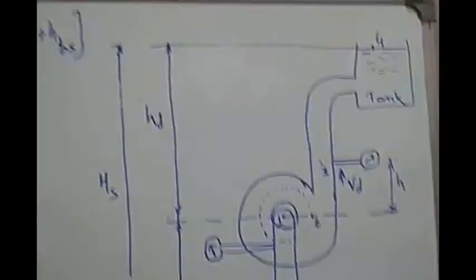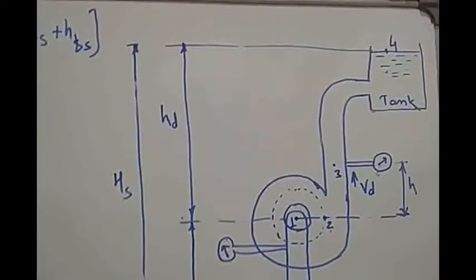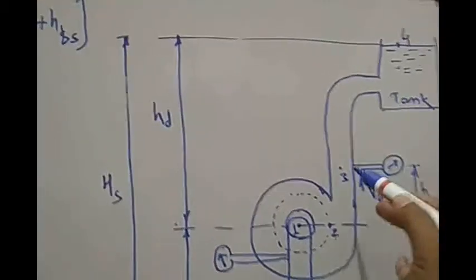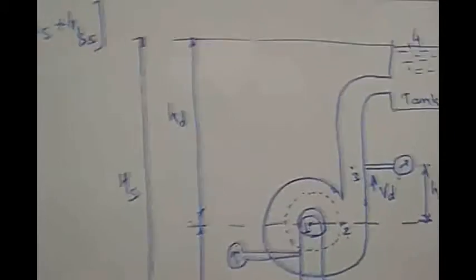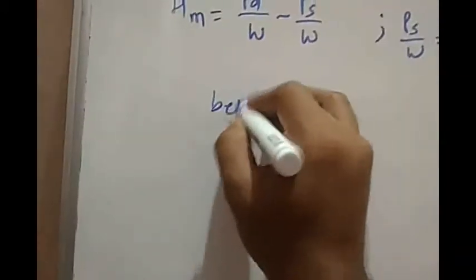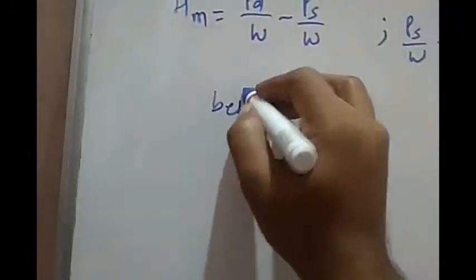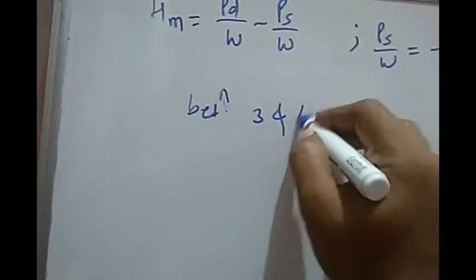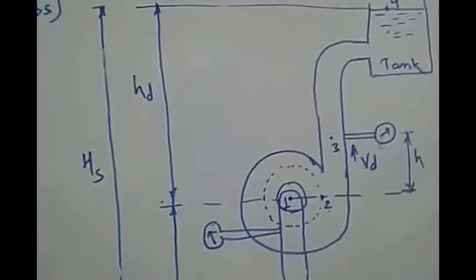Now we will apply the Bernoulli equation between point number 3 and point number 4, assuming that h is 0.